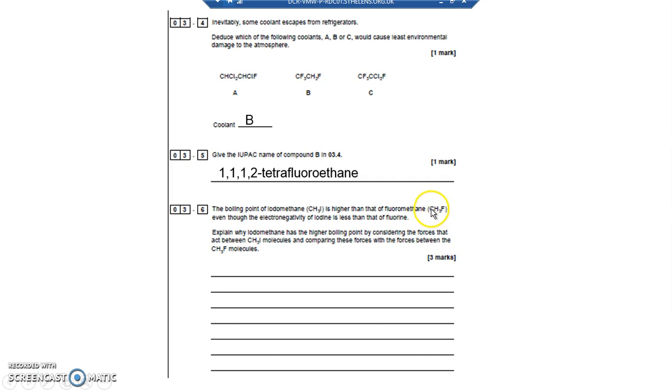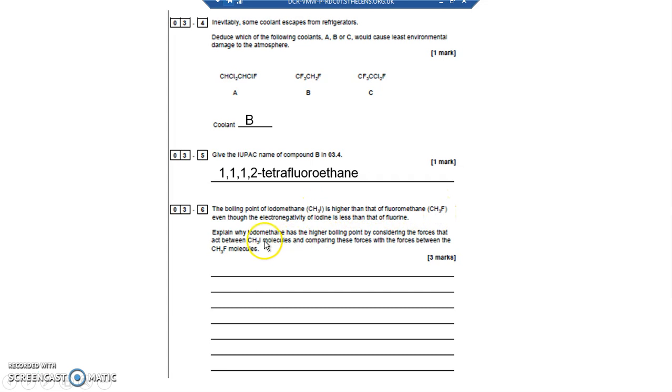So that's going to have a more polar bond between the C and the F than the C to the I, because the I is less electronegative, and so going to have a smaller delta minus. So this is going to have more polar bonds, and between the molecules, that's dipole-dipole attractions. So this will have stronger dipole-dipole attractions. CH3I will have stronger van der Waals forces. CH3F will have stronger dipole-dipole attractions.